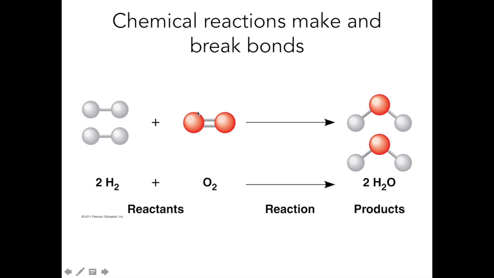And in order to do that, we have to break those 2 bonds there, break this bond here, break this bond here, make new bonds that are in our products, which are water. So that's what a chemical reaction is. It's a breaking and making of chemical bonds, which, remember, that's interactions between electrons.